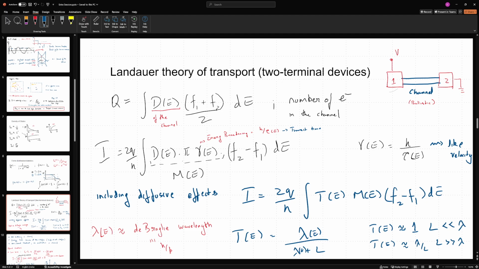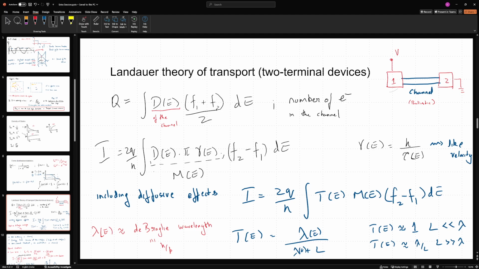And the product of these three terms is essentially what we call the mode density function. So this is M of E, the number of modes available at a certain energy. I've already mentioned it here, so I can remove the clutter on the slides. And the current expression has 2q by h as the constant that is seen there.